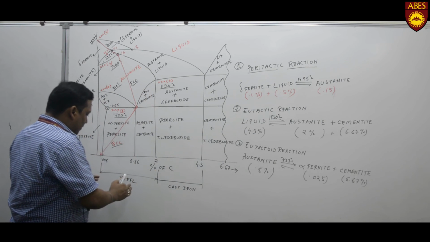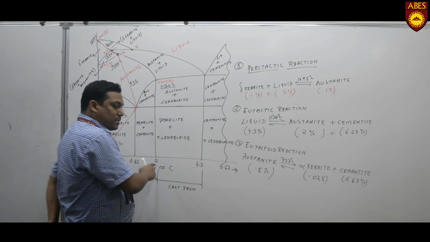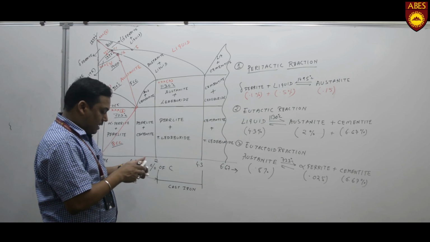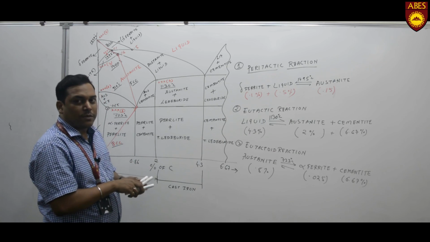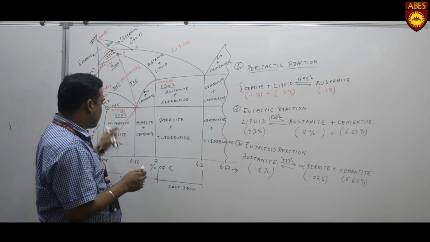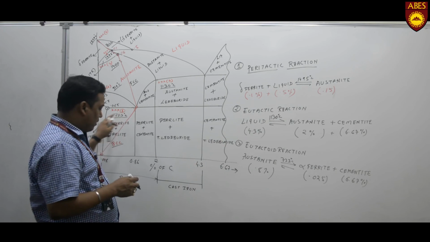So the steel definition is 0.003 to 2% carbon, and from 2% up to 4.3% it is cast iron. Steel is also divided into two types. First is the hypoeutectoid steel, because this is the eutectoid reaction point.